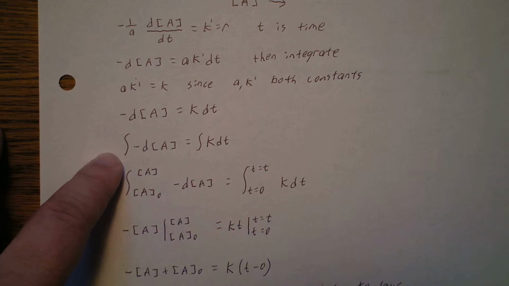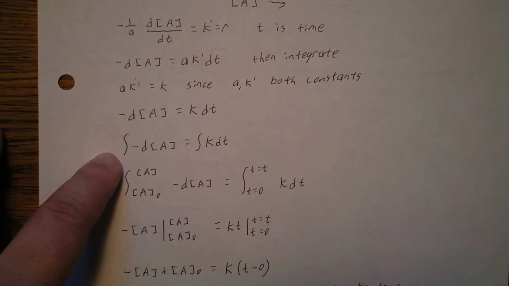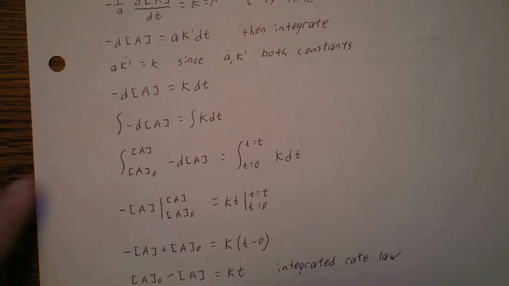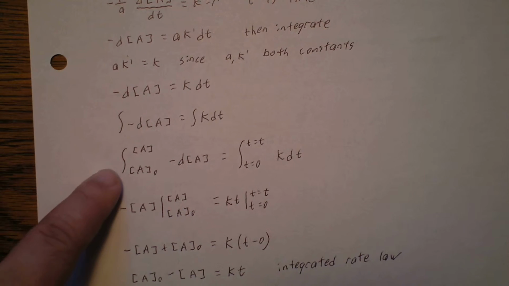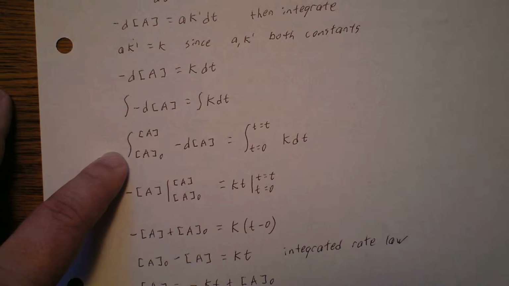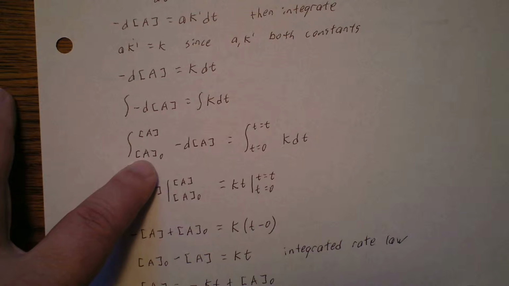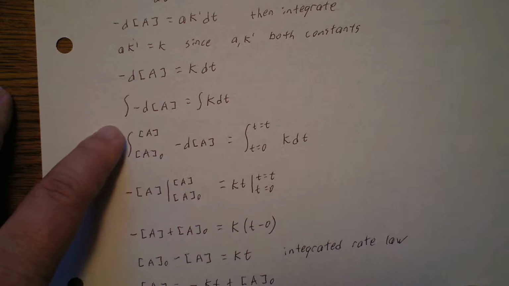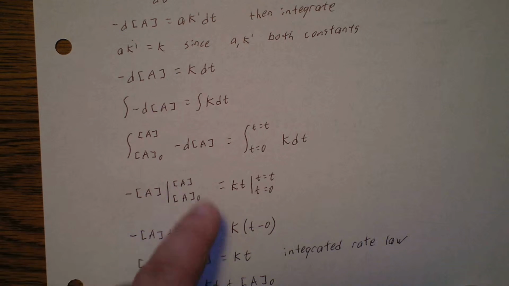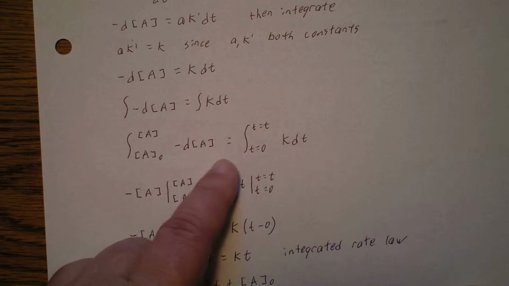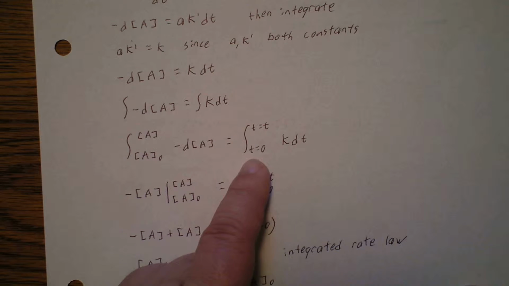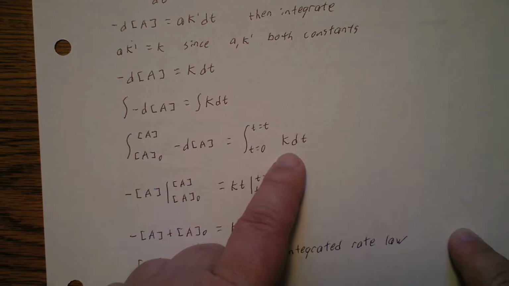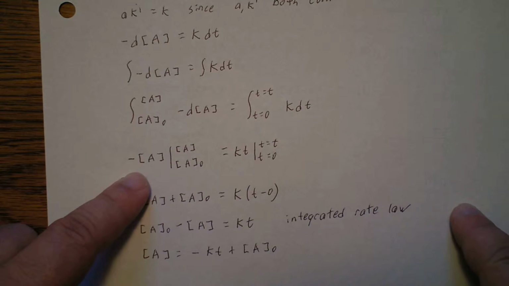So we have the integral of minus the differential of A is equal to the integral of K with respect to time. Remember the integral from A naught, the initial concentration of A, to A, the current concentration of A, of minus the differential of A is just the integral from time 0 to whatever current time we're at of K dt.